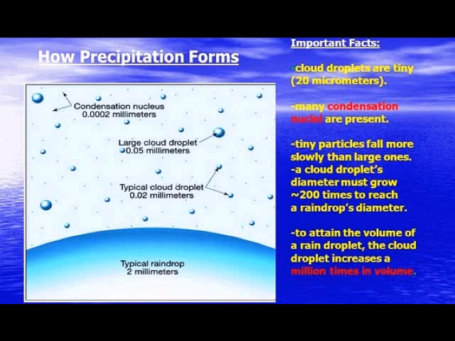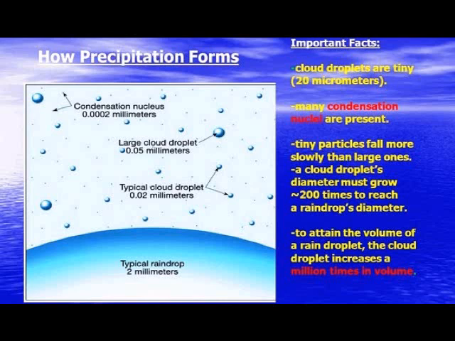And then as things start to come a little bit closer to the surface, things start to get a lot bigger. So the tiny particles fall more slowly than large ones. A cloud droplet diameter must grow 200 times to reach a raindrop's diameter. So you imagine that it's already at the higher altitude started to form, and then it's going to grow 200 times more to form a single raindrop.